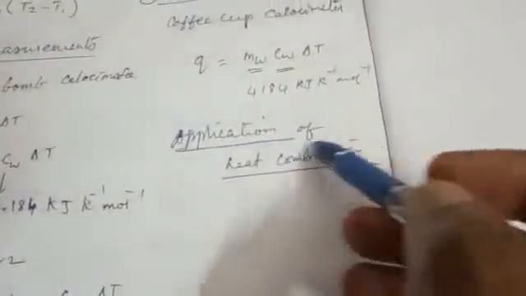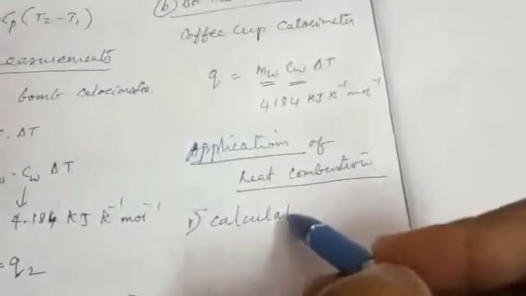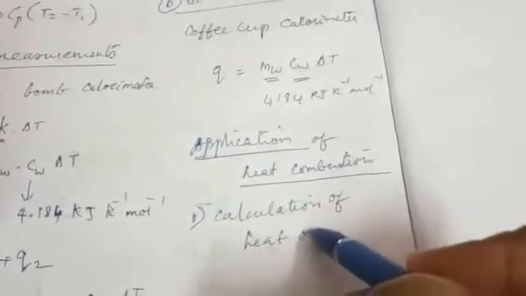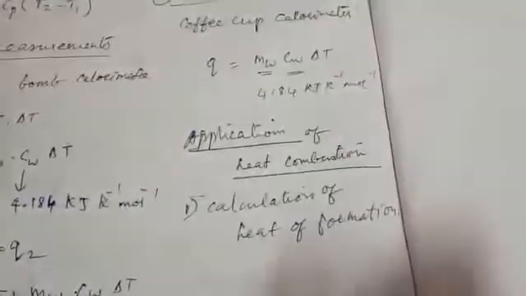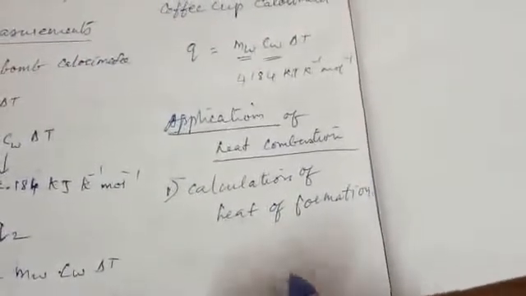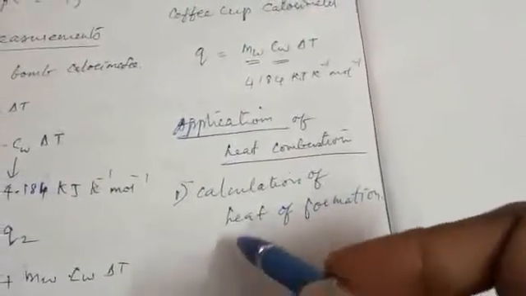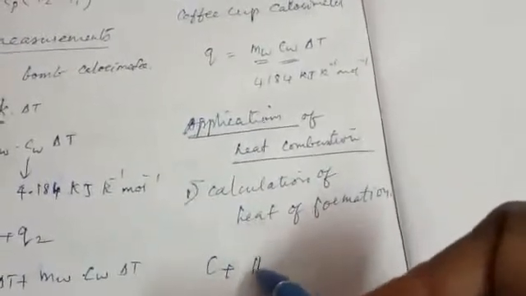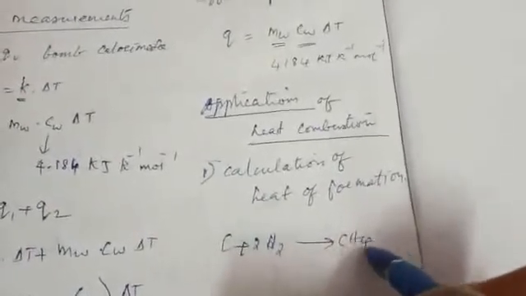Next, applications of heat of combustion. First one, calculation of heat of formation. Heat of combustion of organic compounds can be used to calculate the heat of formation. For example, standard enthalpy of formation of methane. See the reaction: carbon plus 4 hydrogens gives methane.